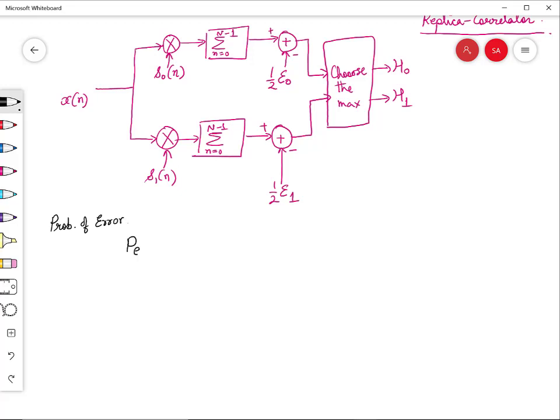So what is probability of error? P_e is equal to the probability that you detected hypothesis 0 when hypothesis 1 was correct times the probability of hypothesis 1, plus the other way around: you detected hypothesis 1 instead of hypothesis 0, multiplied by the prior. Now consider priors to be the same.